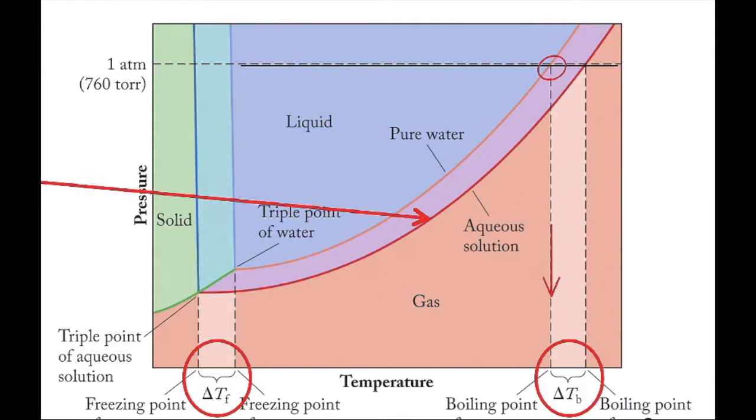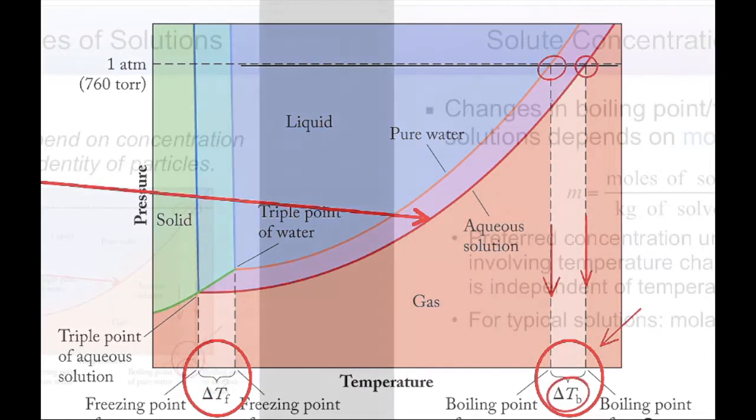Whereas if we add a solute to the solution, the new boiling point ends up being higher. So we're down here. And that difference in boiling point is going to be shown later as this delta TB.